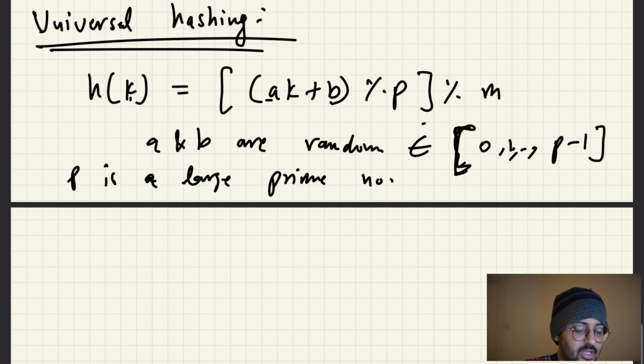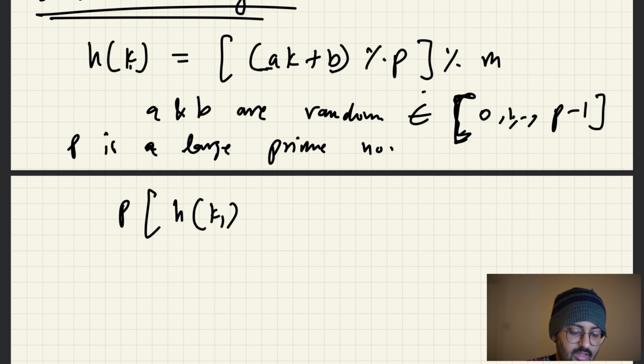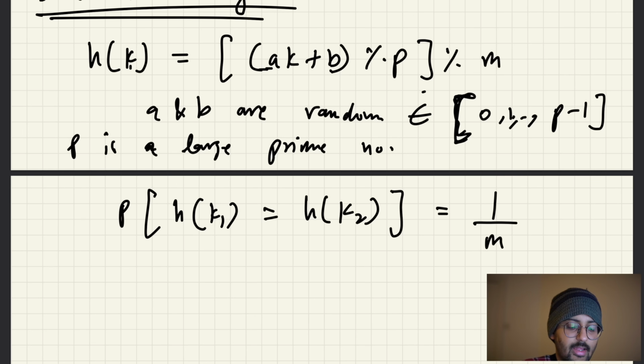The reason I'm sharing this is that using this formula, the probability that two different keys have the same hash value, that hash of key 1 is equal to hash of key 2, is equal to 1 divided by m.